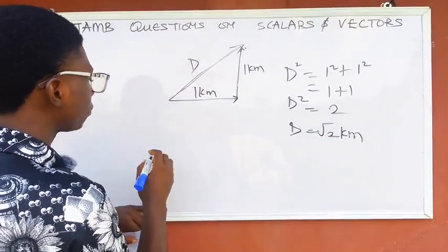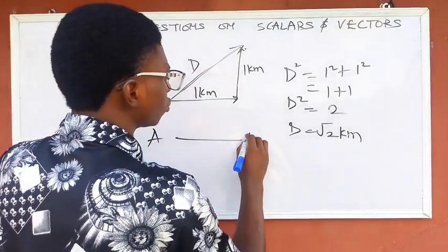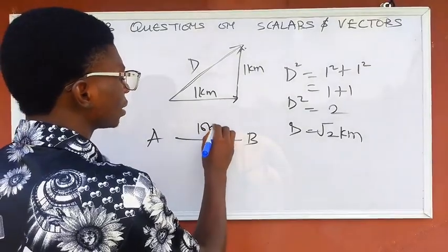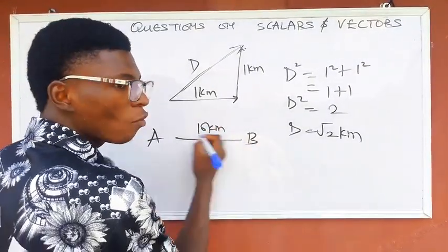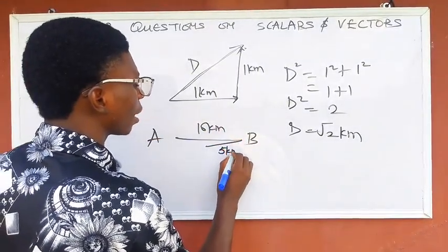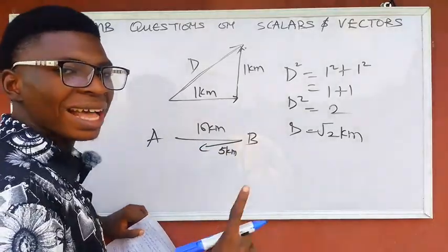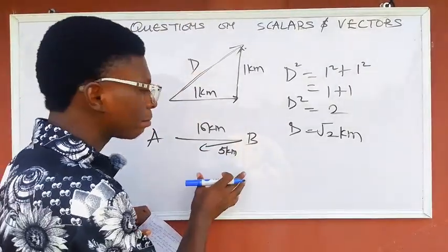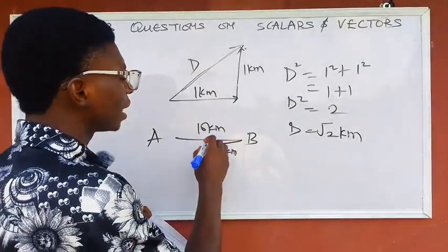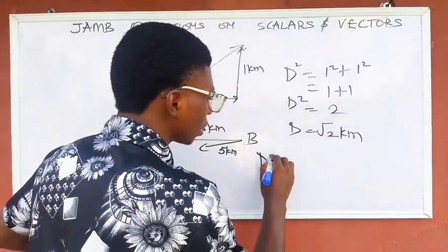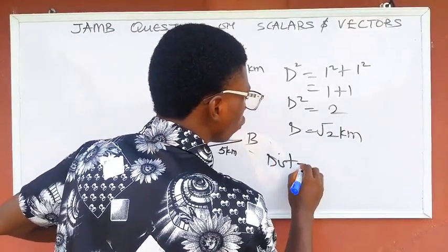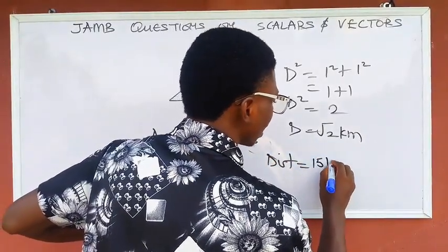If a man moves from A to B, and the distance is 10 kilometers, and then the man moves backward 5 kilometers and stops here. If you are asked to calculate the distance of this man, the distance will just be the algebraic sum, which is the scalar quantity, which will be 10 plus 5, which will be 15 kilometers.